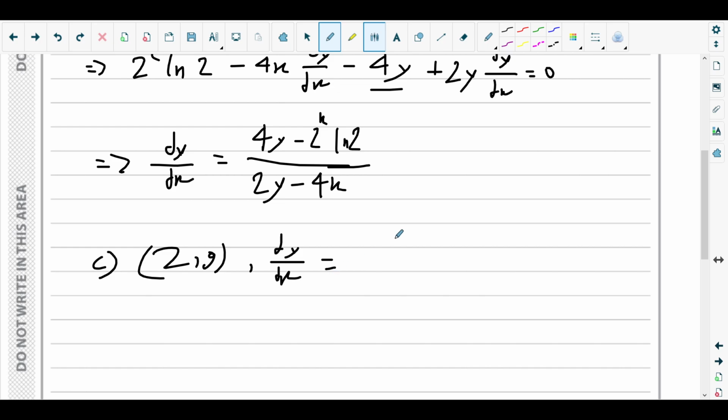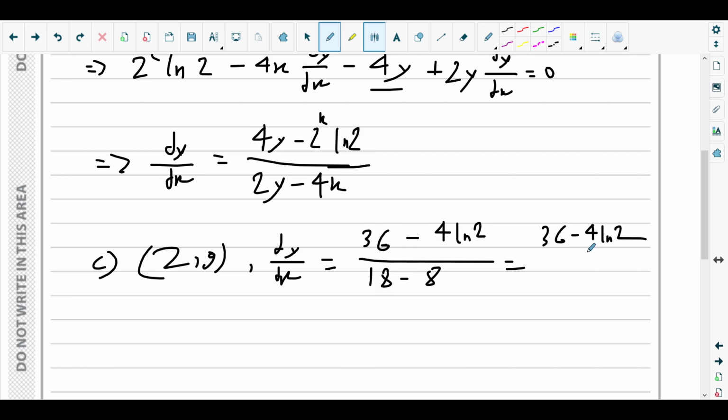Okay. So what would be the value for the derivative? Let's plug in the values. 4y is 36. Negative 2 to the power x is 4 ln 2 over what? 2y is 18 minus 4x is what? 8. So what you will get? 36 minus 4 ln 2 over 18 minus 8, that is 10.